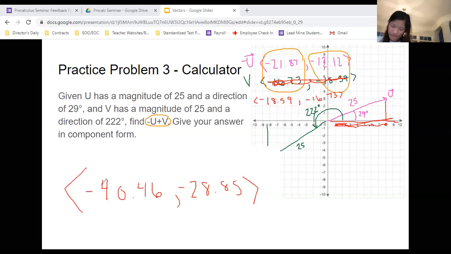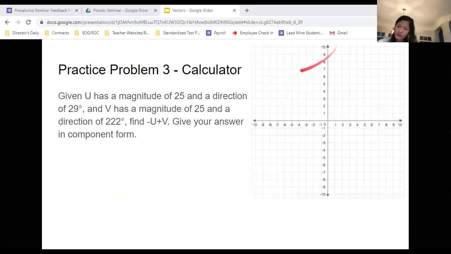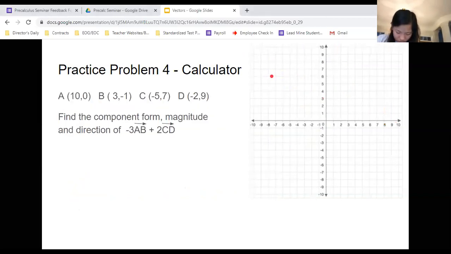There we go. All right, any questions on that one? Doesn't look like it. Thank you again for pointing that out, Emma. My bad.